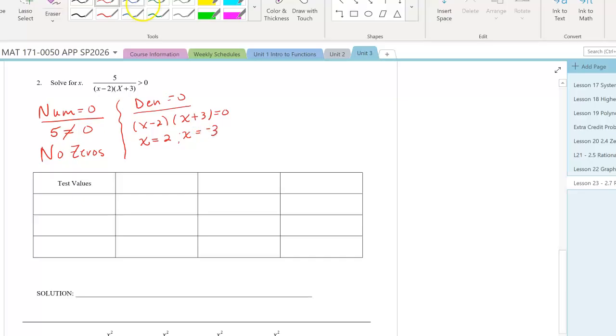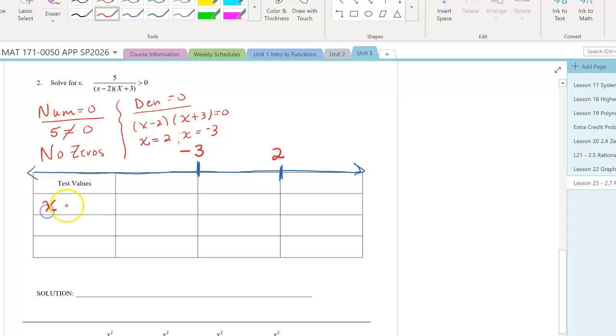So what we're going to do with those values is treat the top line of this table as a number line. We'll put the first critical value here and the second critical value here. So negative 3 would be the smaller of those two, and then 2 will go here. Then we'll put our factors.